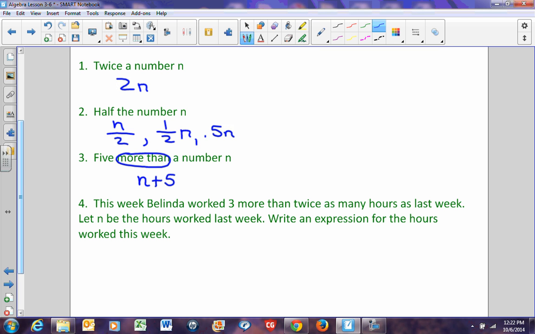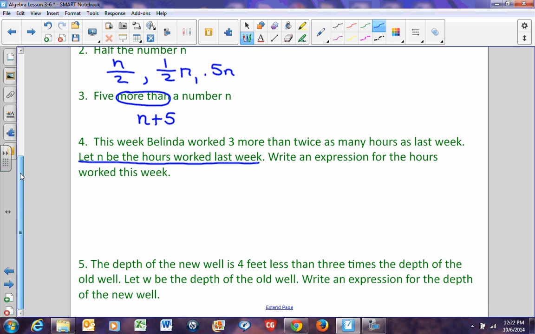This week, Belinda worked 3 more than twice as many hours as last week. Okay, so notice this week is being compared to last week. So we're going to let n be the number of hours worked last week. And we're going to write an expression based upon that. Since this week is being compared to last week, n has to be last week.